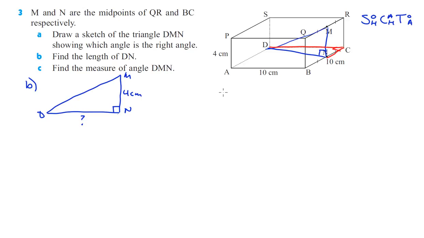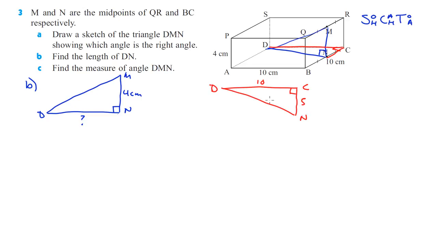If we redraw that, here's D, goes straight across to C, and then if we were to look at it straight from the top, we'd go straight down to N. That is our right angle, and then we are looking for this length DN. Now we know that DC is 10, and C to N, it says that these are midpoints, so that's going to be exactly half of the 10, so that's going to be our 5.